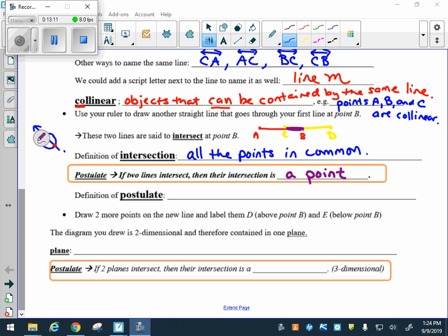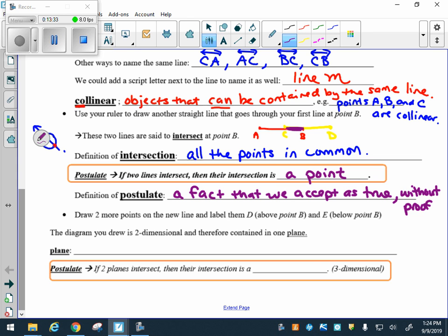The definition of a postulate is a fact that we accept as true without proof, without a formal proof.